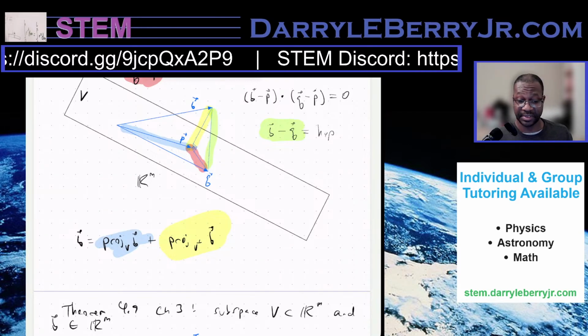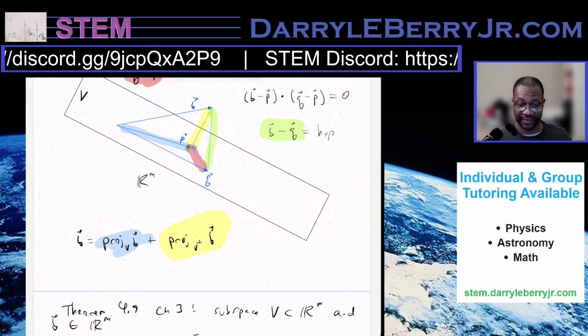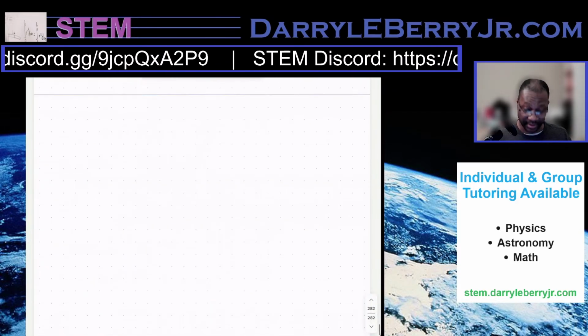To calculate P explicitly, we proceed as follows. Now we're finding out what P is.